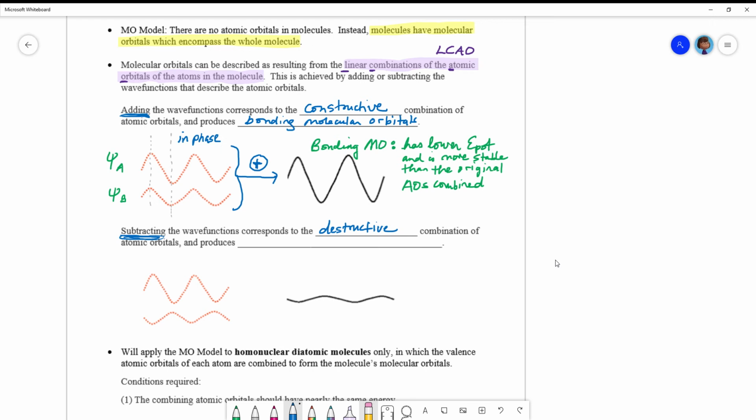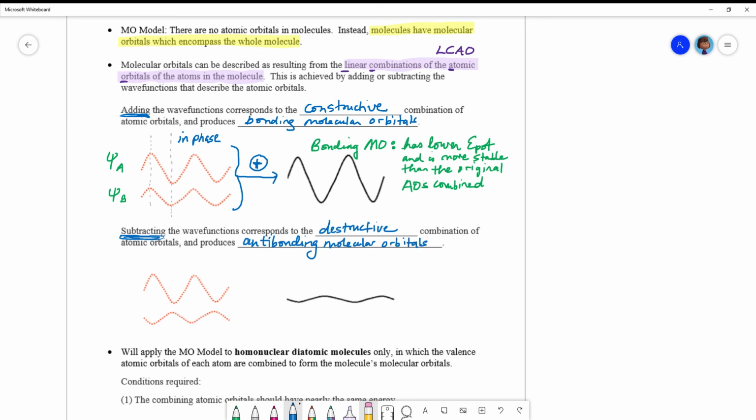And when we destructively combine atomic orbitals, the result is known as antibonding molecular orbitals. So over here we produce antibonding molecular orbitals in contrast to bonding molecular orbitals.